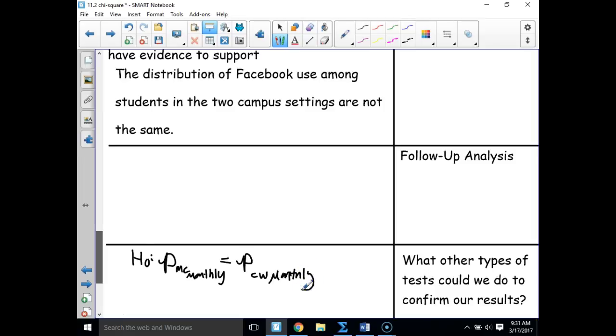It's a two-tail when you're thinking about it as a proportion test. And then I would say HA, the proportion of the main campus that uses it monthly is not equal to the proportion of the Commonwealth that uses it monthly.